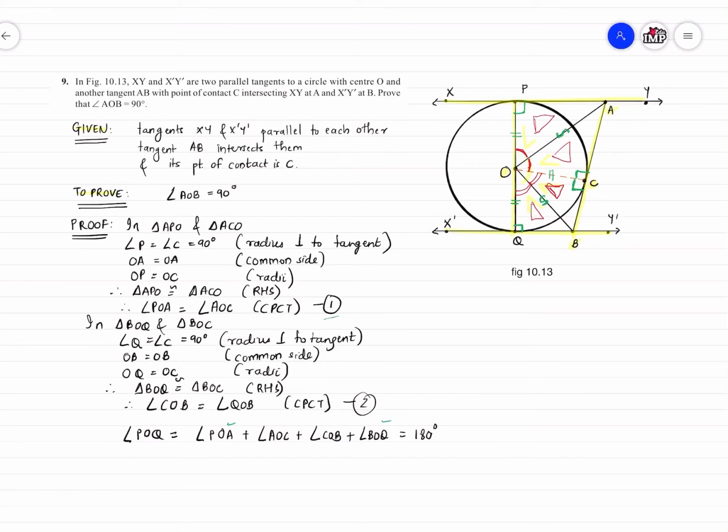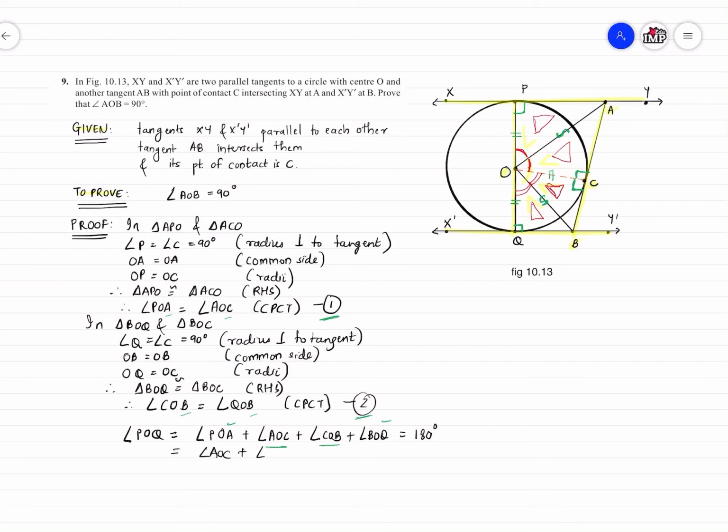By using our conclusions 1 and 2. If we simply substitute for POA by AOC and BOQ by COB, we will automatically get our angle AOB. Because POA is equal to AOC and COB is equal to QOB, we can easily substitute for them.